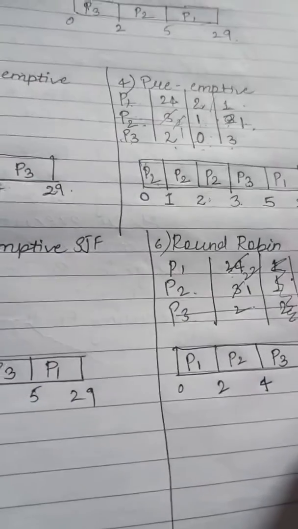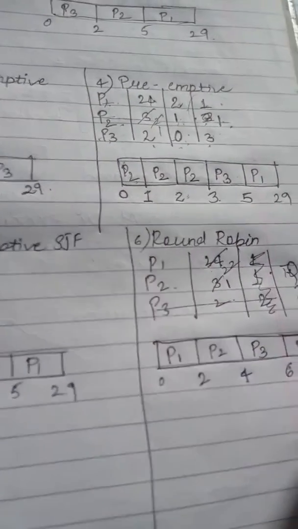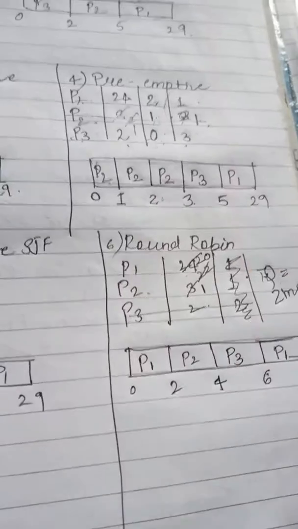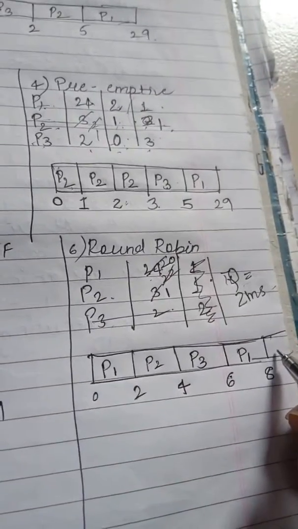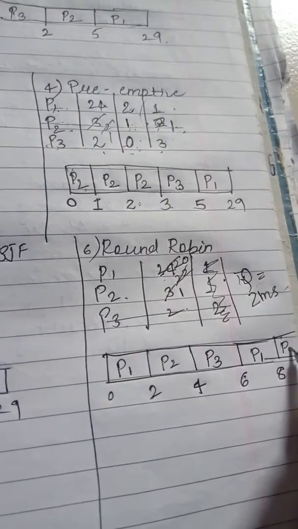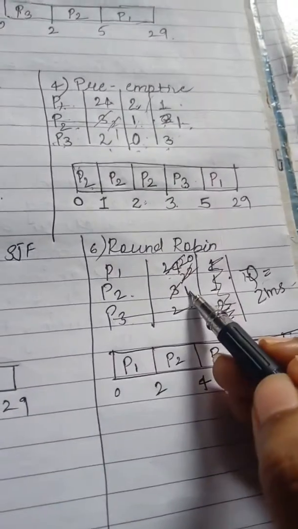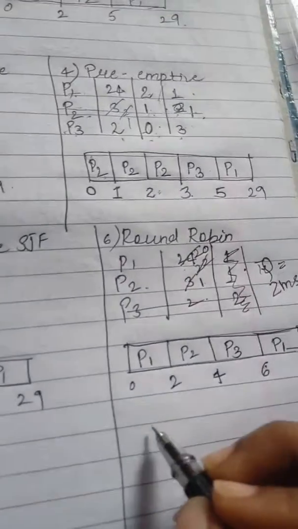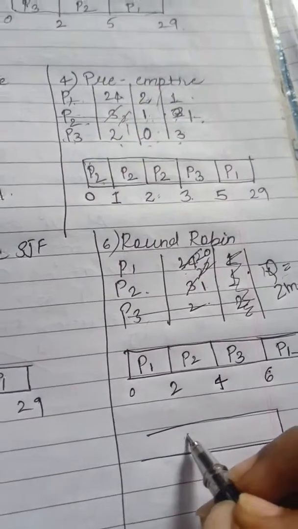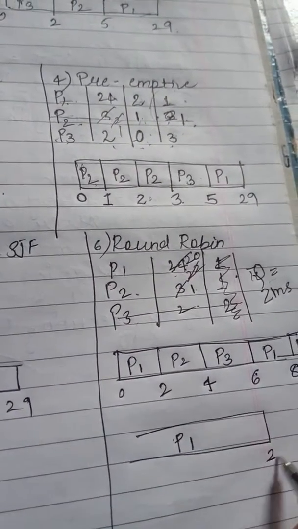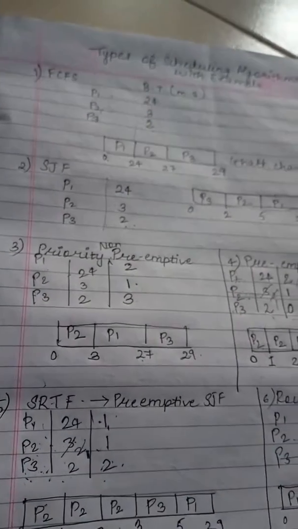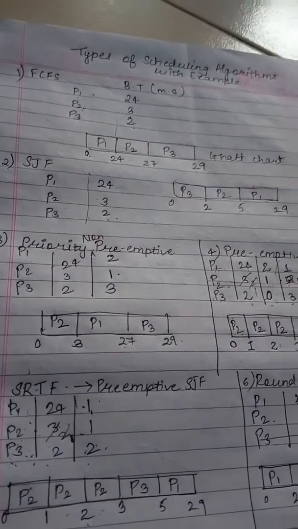Then again P1 comes for 2 milliseconds, 22 becomes 20, then P2 for 1 millisecond because there is no burst time left, so it will execute only for 1 millisecond. Then after that P1 will execute for the remaining 20 milliseconds. Okay, so that was all about types of scheduling algorithms with an example.